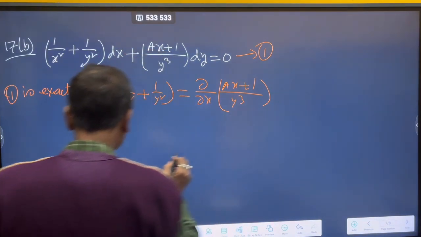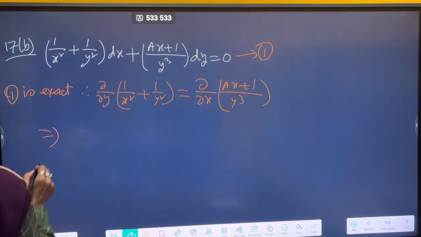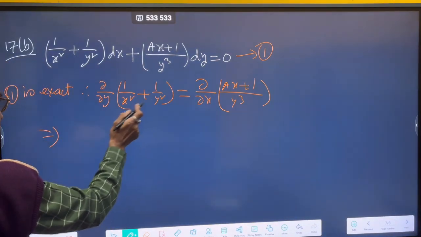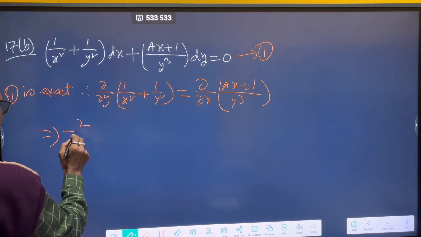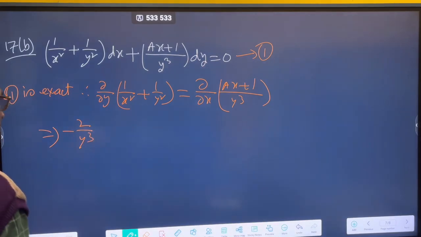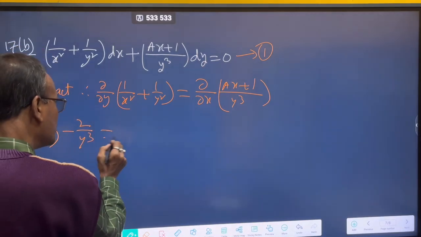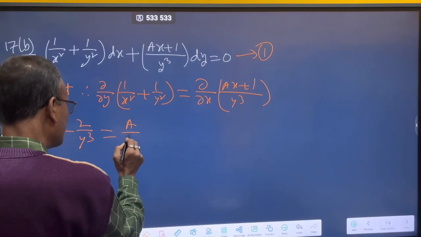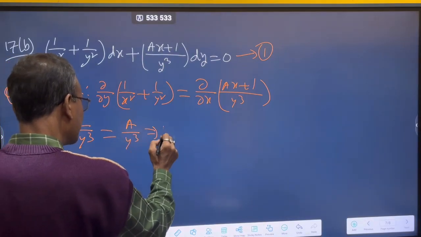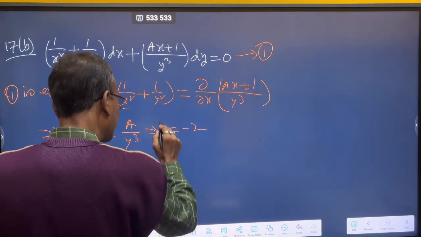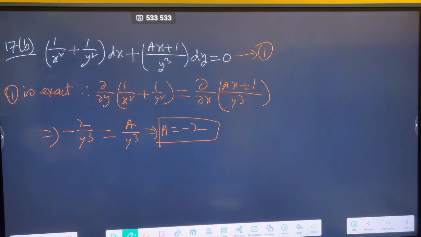With respect to y, differentiate: minus 2 by y cube is equal to a by y cube. This means a equal to minus 2. Find the value of a: a is equal to minus 2.